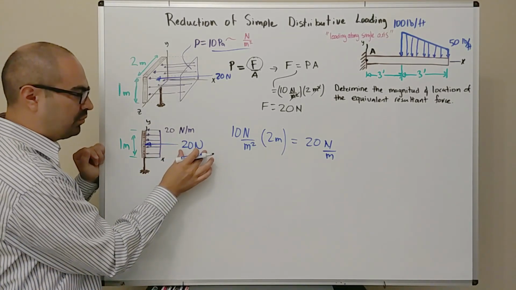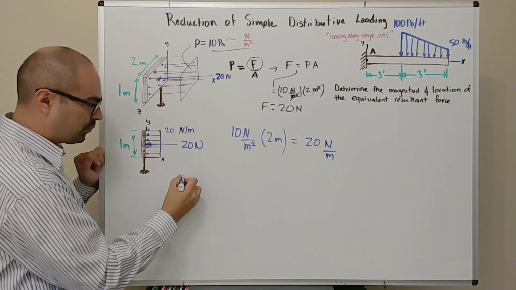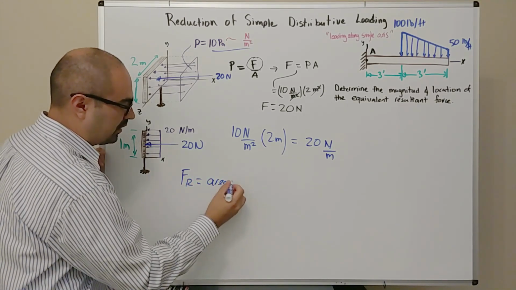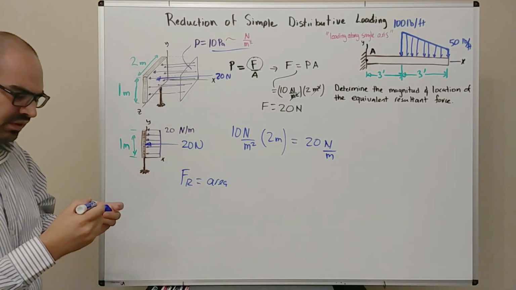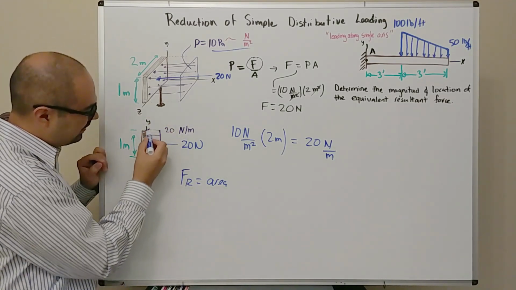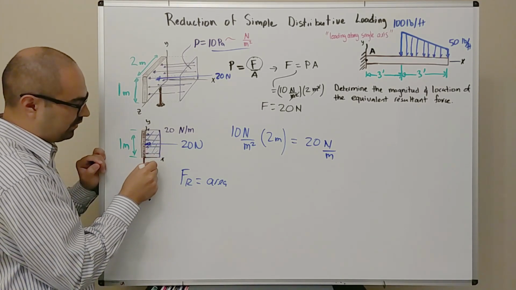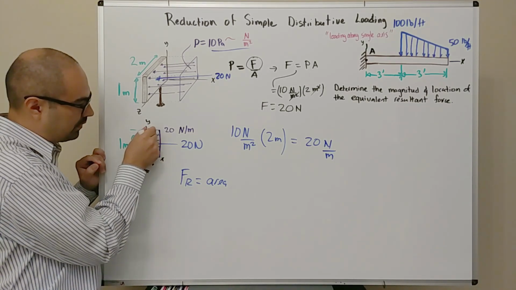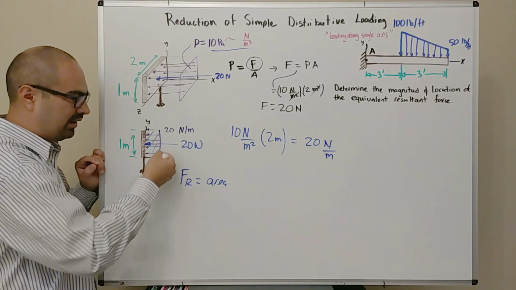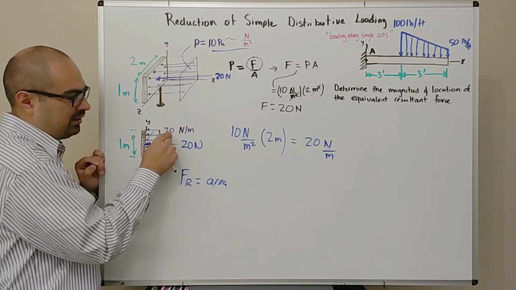To calculate the resultant force when we have a distributed loading, the resultant force is just going to be the area. Now the area is going to have some funky numbers again, because what is it that we're multiplying? We're getting the purple area here, right? You can think of it as having a base here, the length of this arrow. Remember, the length of the arrows usually represents the magnitude of the loading.